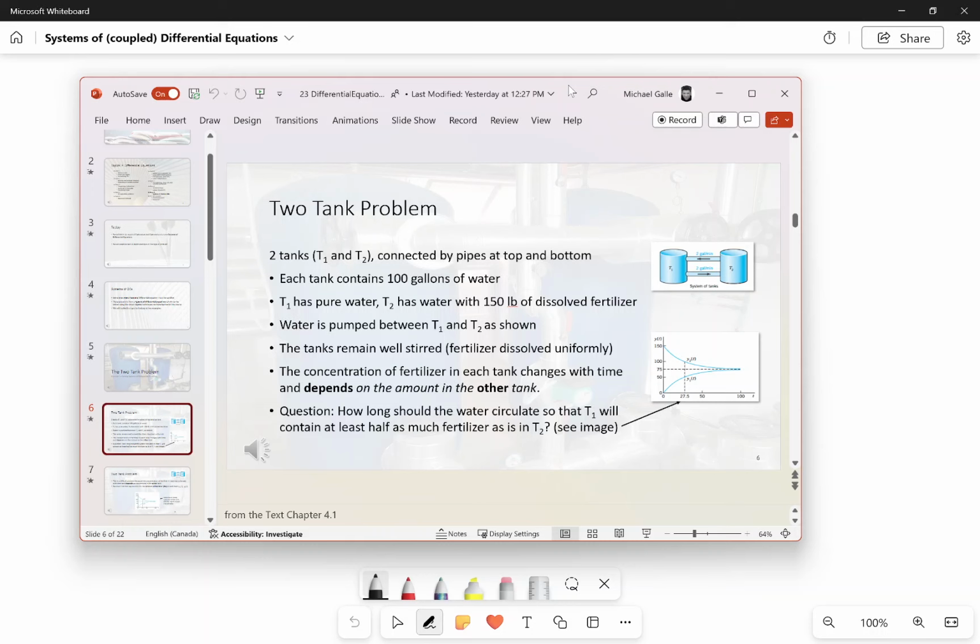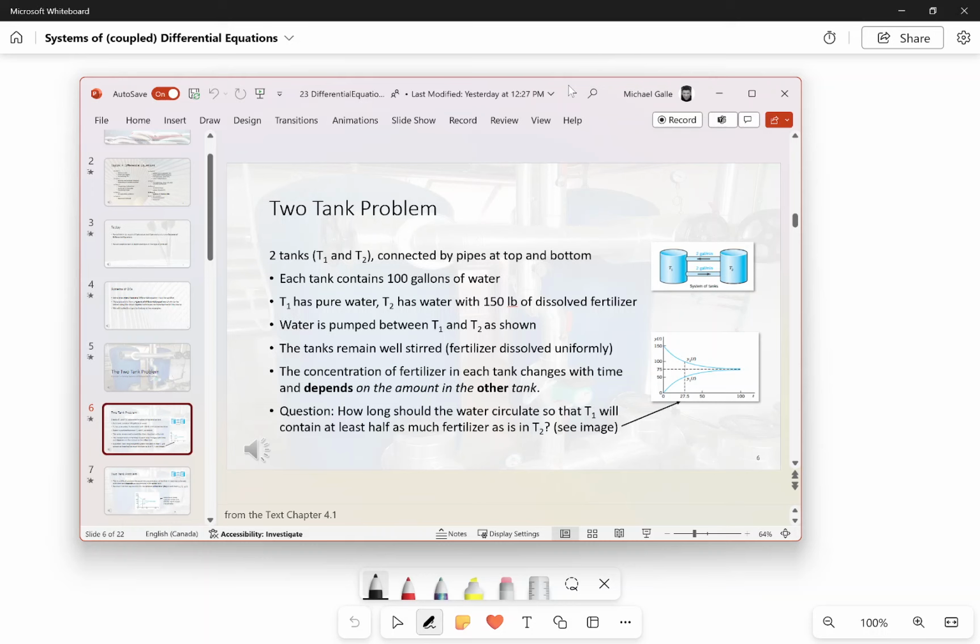We can assume that the tanks are well stirred, so there's a uniform distribution inside the tank of whatever's dissolved. And what we know is we have some idea of the rate of change of, in this case, fertilizer in each tank, and that is proportional to the amount of dissolved fertilizer in the other tank.